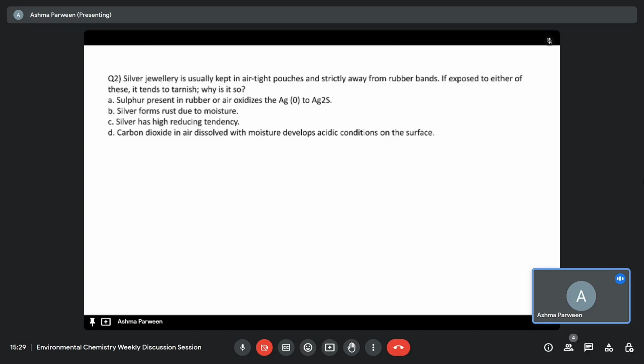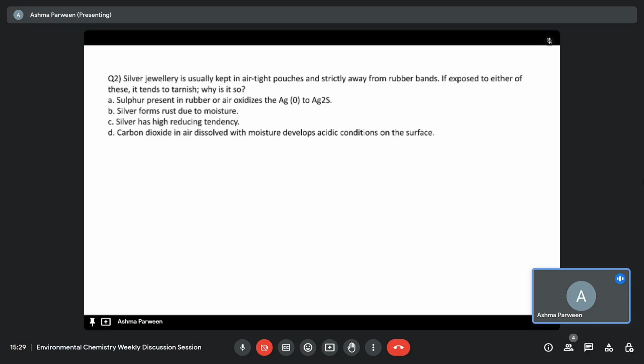Why is it so? Four options are given. The first one is sulfur present in rubber or air oxidizes silver 0 to Ag2S. B. Silver forms rust due to moisture. C. Silver has high reducing tendency. Or D. Carbon dioxide in air dissolved with moisture develops acidic condition on the surface.